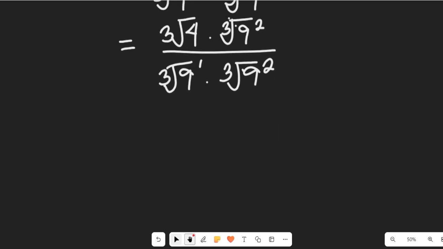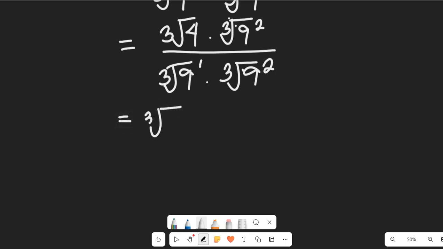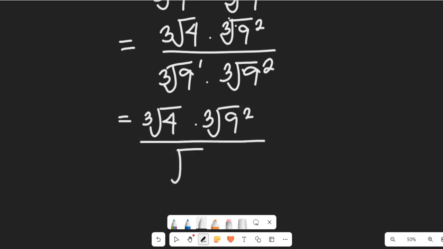Now look at the denominator very well, and you can see that we can simply simplify it. Now if we simplify the denominator, that expression gives us the cube root of 4 multiplying the cube root of 9 squared, divided by the cube root of 9 to the power of 3.